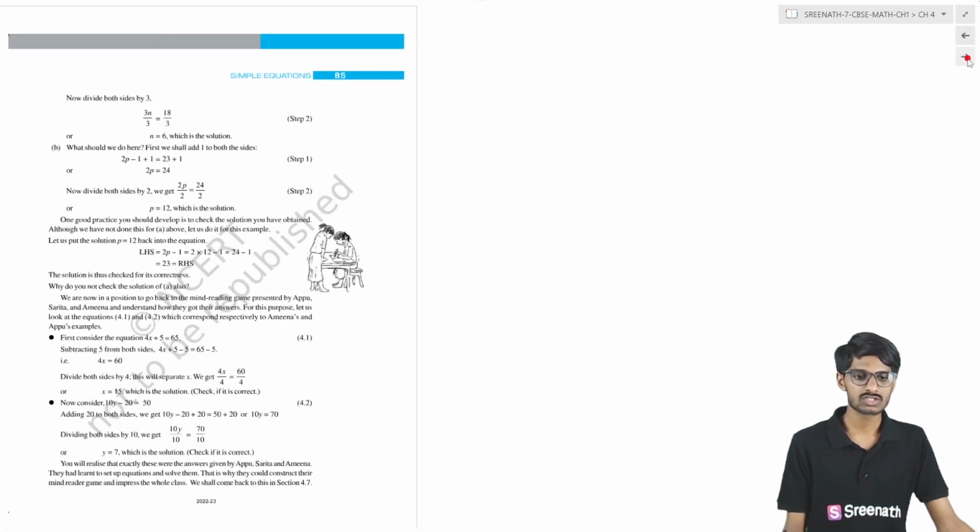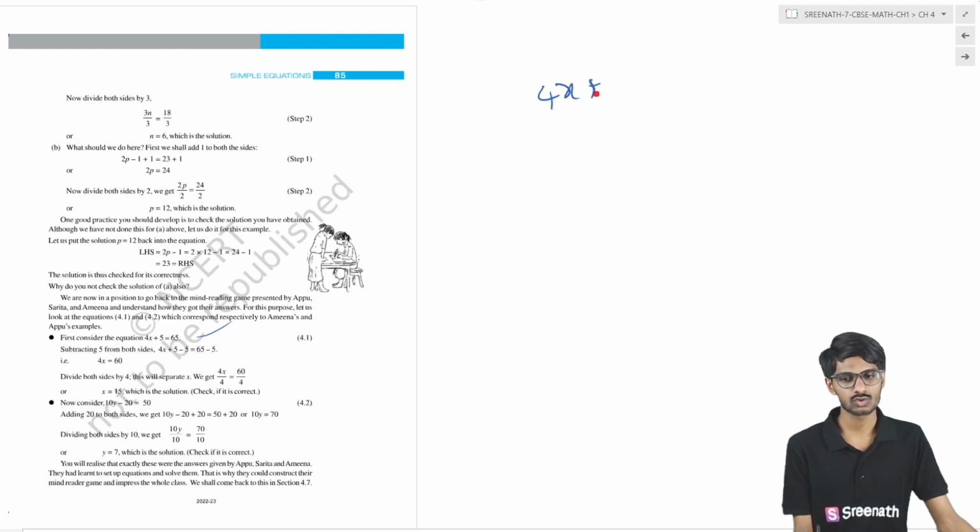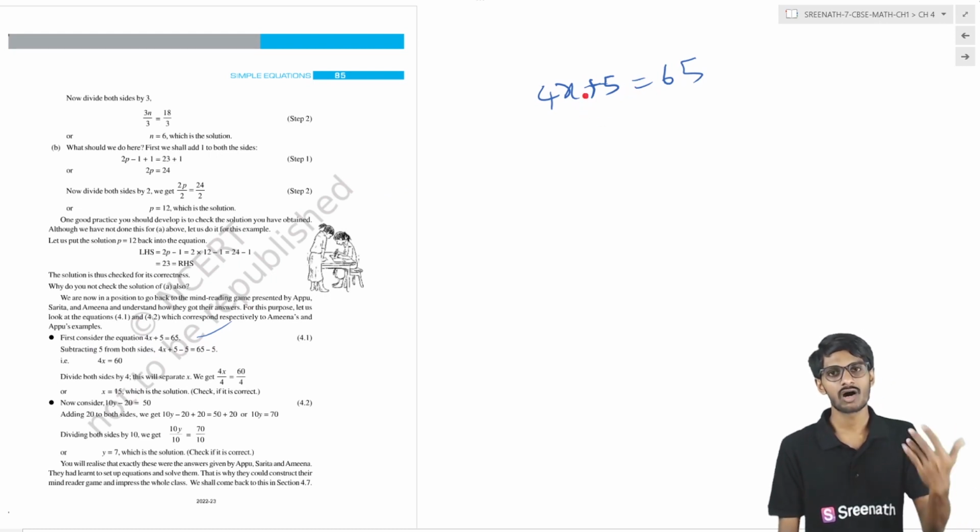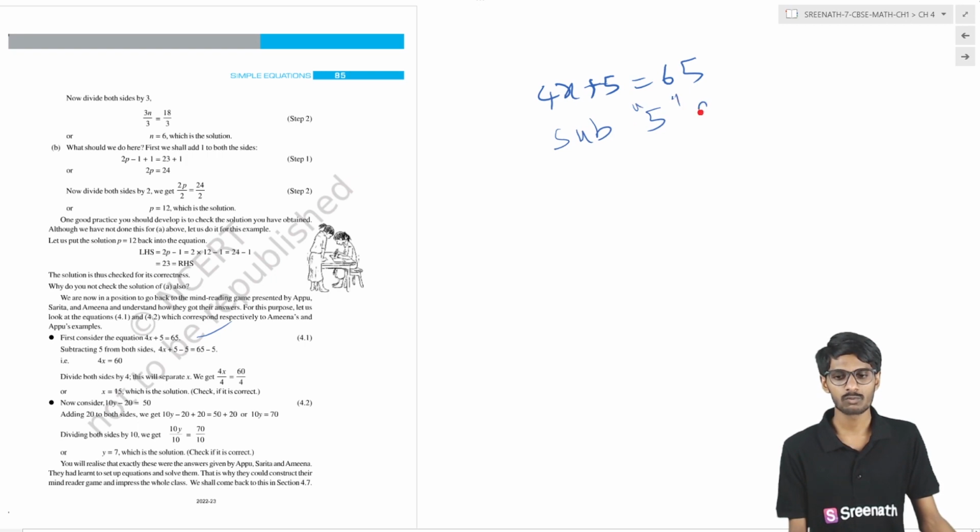Now we will solve one problem like that. There is an equation 4x plus 5 equal to 65. How do we find the solution? If you do anything on both sides, there will be no change. So subtract 5 on both sides. Why?